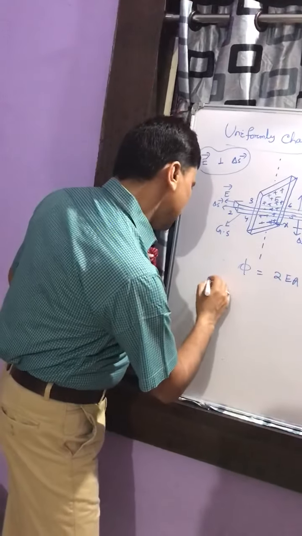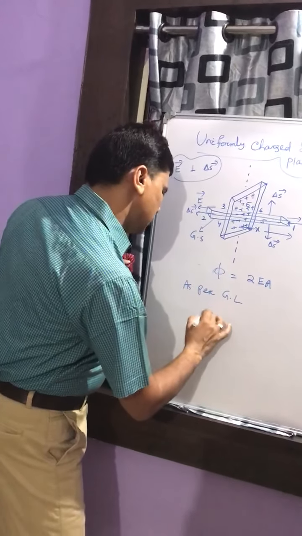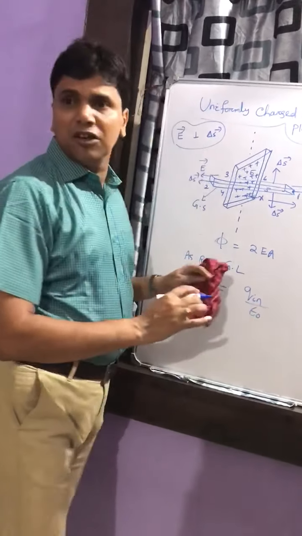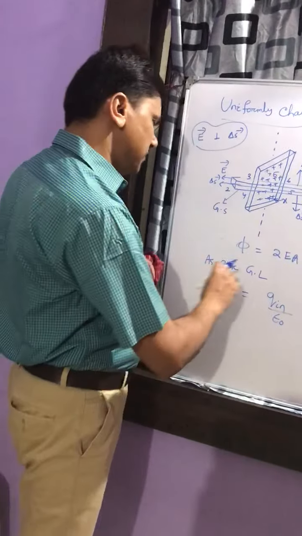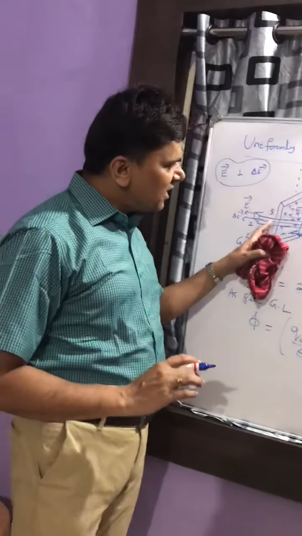As per Gauss law, this total flux will be equal to Q in by epsilon 0, where Q in means the charge inside the Gaussian surface.